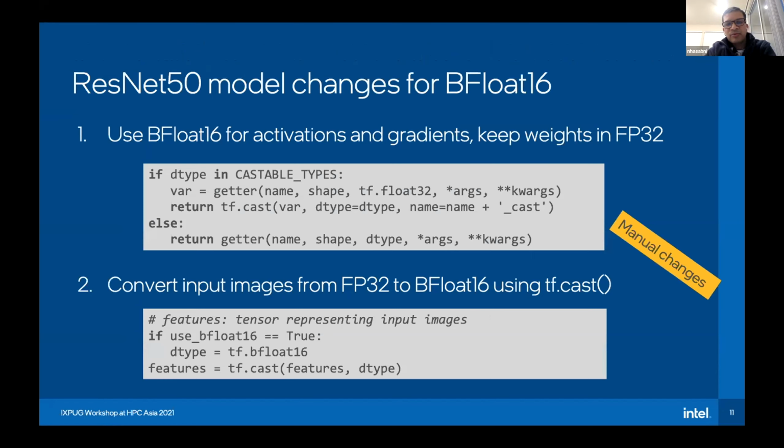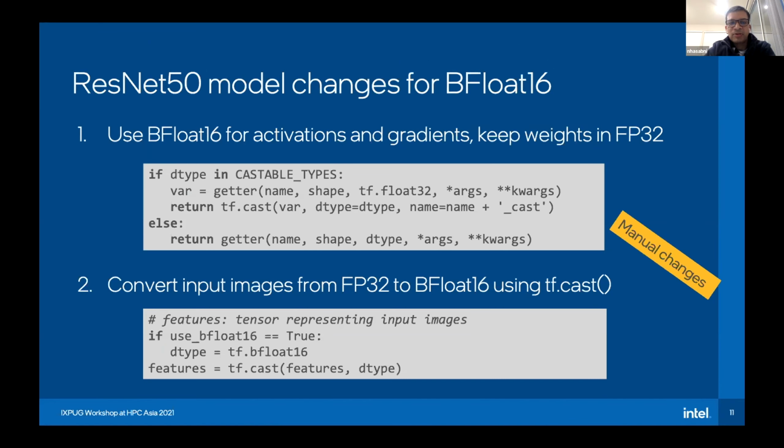But we also had to do a few manual changes on the ResNet50 model, the Python model. And conceptually, those changes are also pretty simple. We had to basically keep the activations and the gradients in the BFloat16 type, whereas the weights that are used for training were kept in float32.